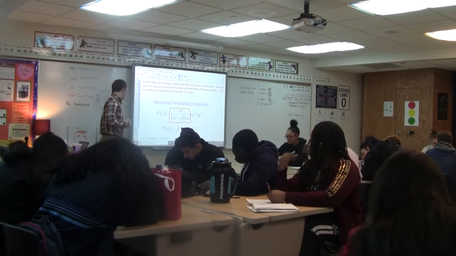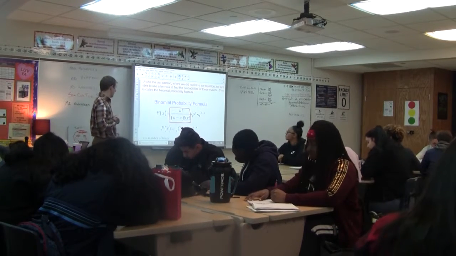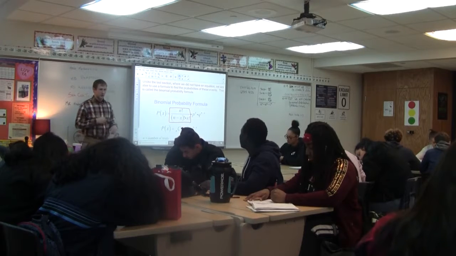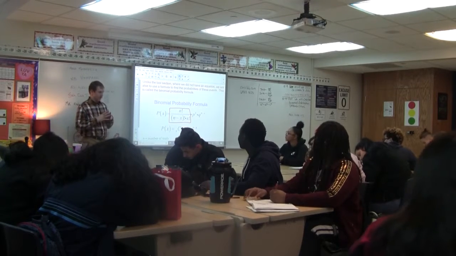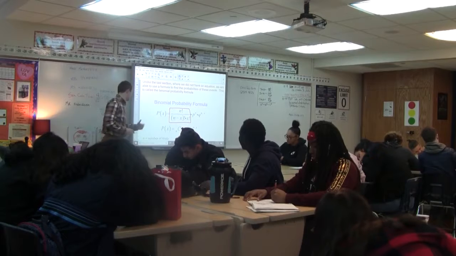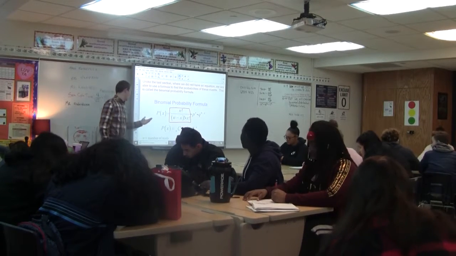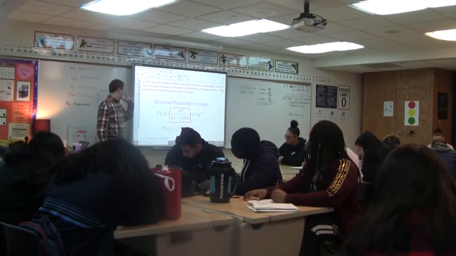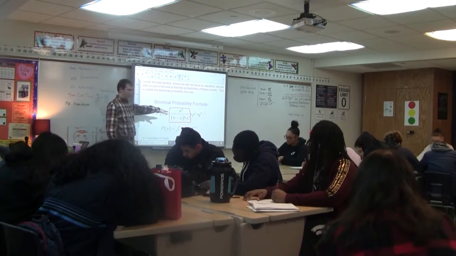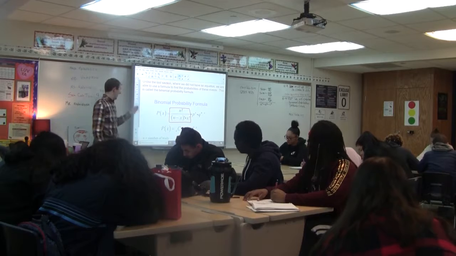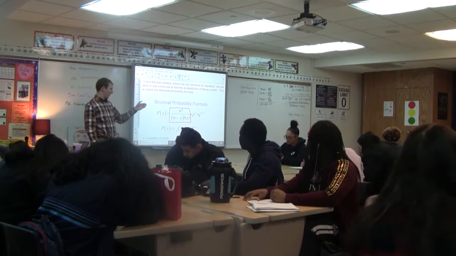So we have the probability of x is n factorial. What is n again? The fixed number of trials. Perfect. In the last example, it was 10, right? Because we had 10 ball games. So it'd be 10 factorial, if we were going to apply the last example, over n minus x, which would be 10 minus what?